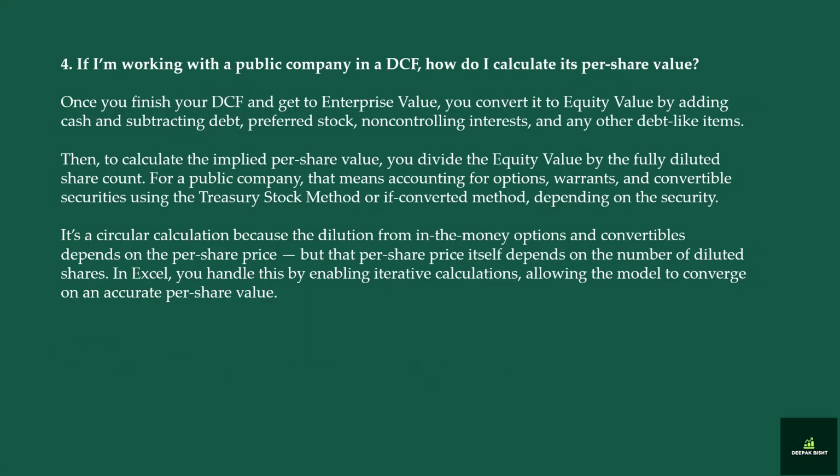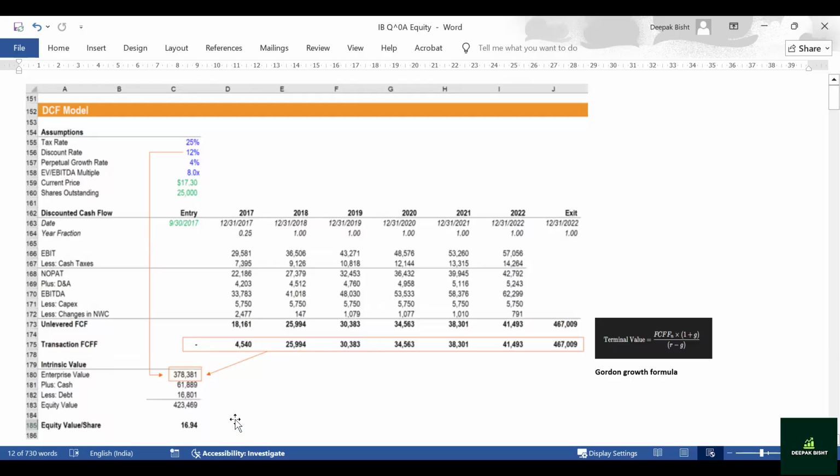We understand that for per share value, we need to calculate the total shares outstanding, and also the enterprise and the equity value. What they are asking is how do you calculate the equity value per share? We have discussed this.